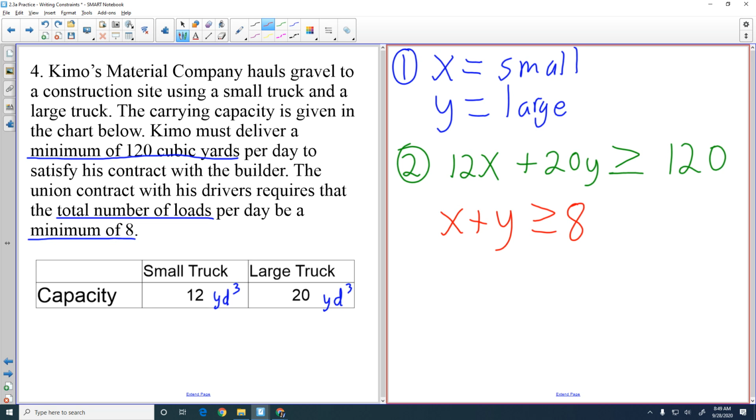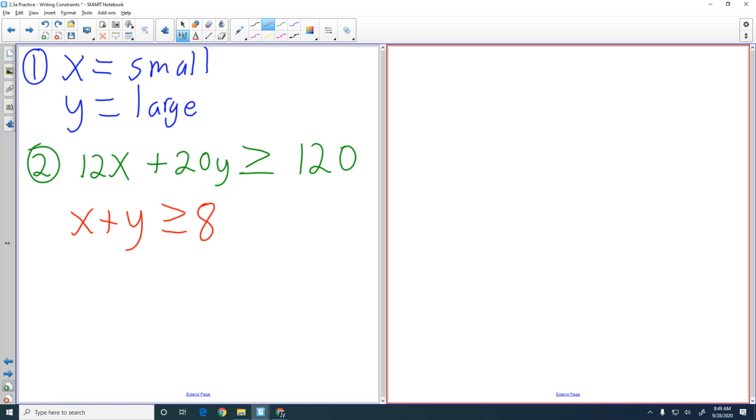So then write these in slope-intercept form again, just to practice. So to subtract the x term from both sides, that leaves us with 20y is greater than or equal to 120 minus 12x. So I just move that 12x term over to the right side, then divide by whatever's in front of the y.